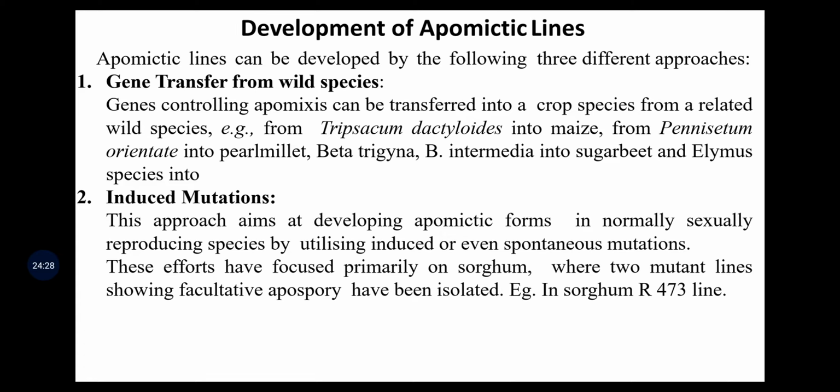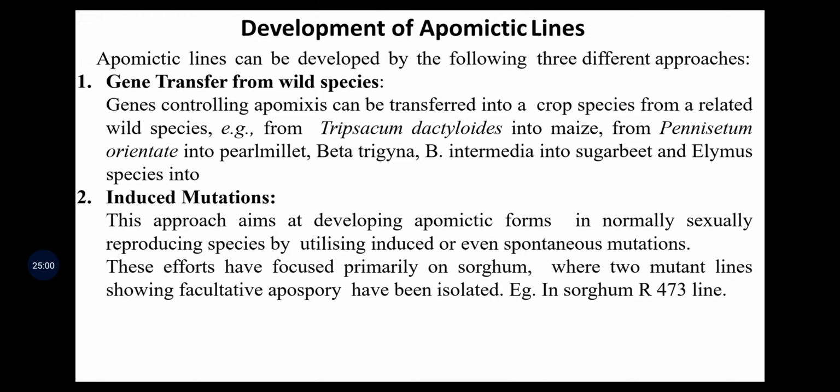Now we shall see how to develop an apomictic line if we are intentionally imposing the apomictic condition in different plants or a particular plant. So first we should do the gene transfer from wild species. The genes controlling apomixis can be transferred into a crop species from related species. This approach is already practiced with Tripsacum dactyloides, a wild relative of maize, from where it is transferred into maize.